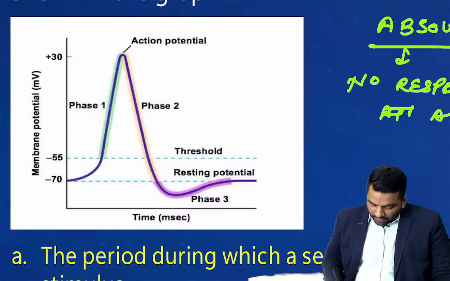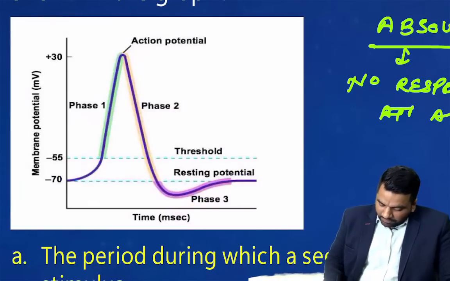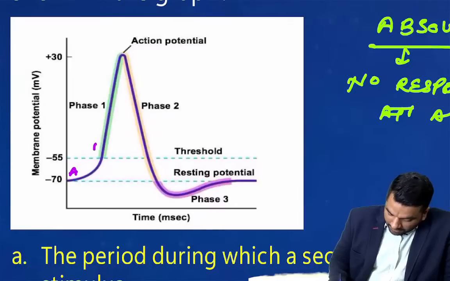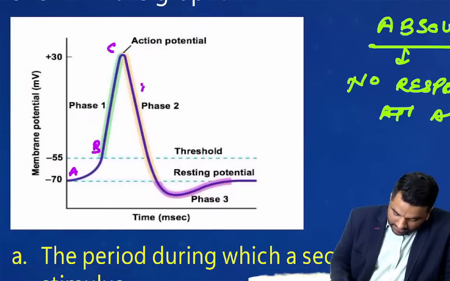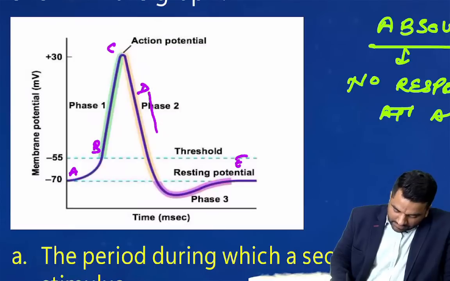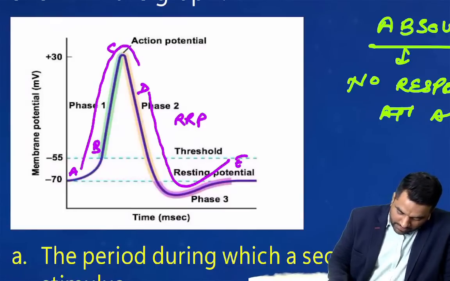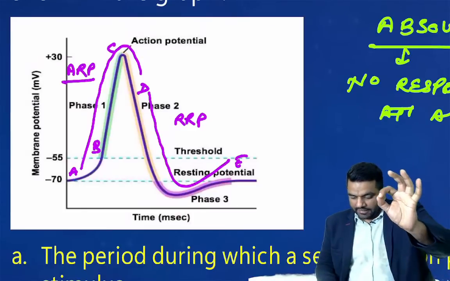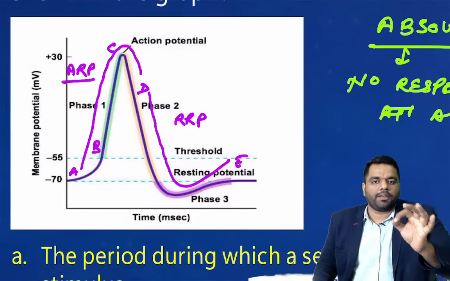So if I put A, B, C, D and E here, can you see from D to E it is the relative refractory period, and from A to D this is the absolute refractory period phase. This is the absolute refractory period, right, beta?